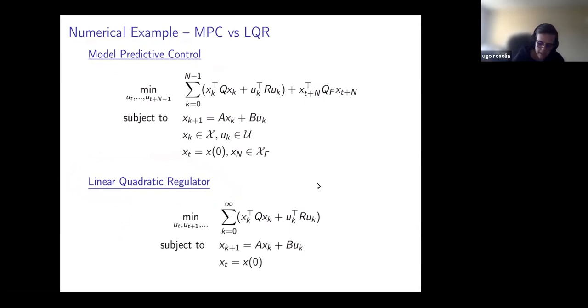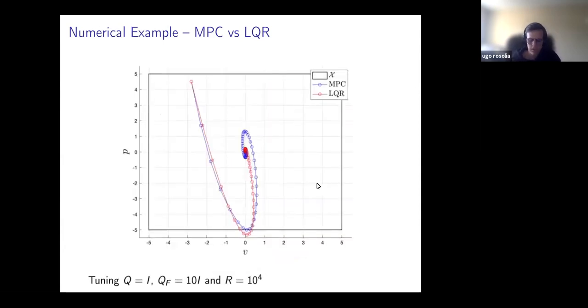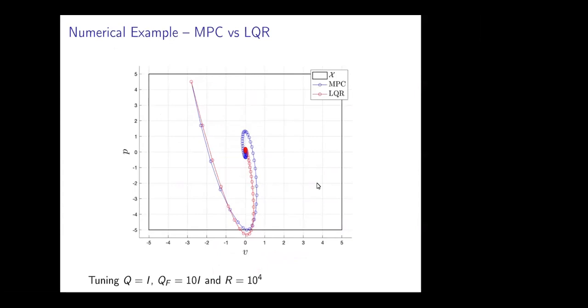The first difference is that in MPC, we plan an optimal trajectory over a finite horizon. On the other hand, in LQR, we plan the optimal trajectory over the infinite horizon. And the second difference is that in MPC, we do consider state and input constraints, whereas in LQR, we only consider the system dynamics and the initial condition. So in this figure, we see the closed loop trajectory resulting.